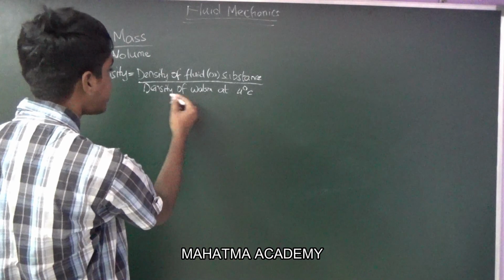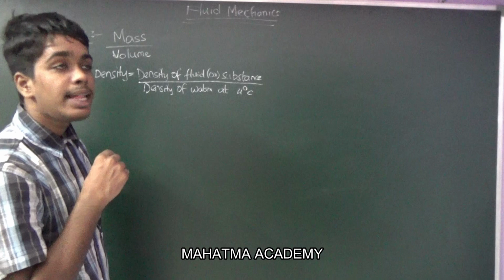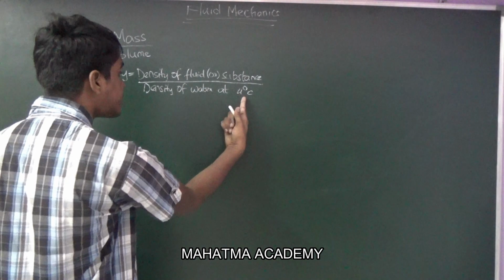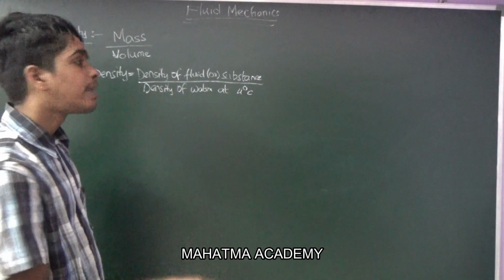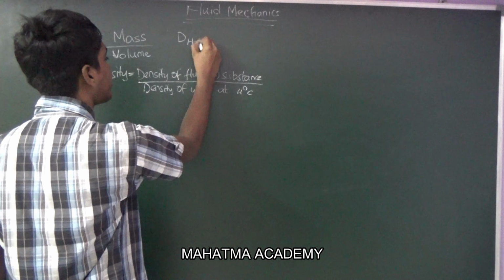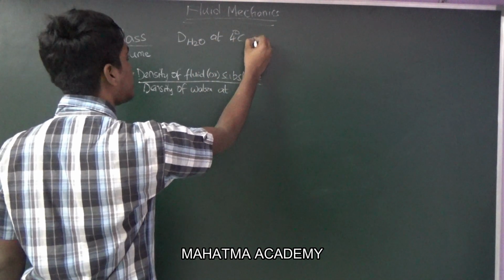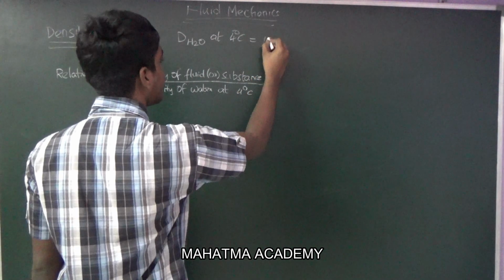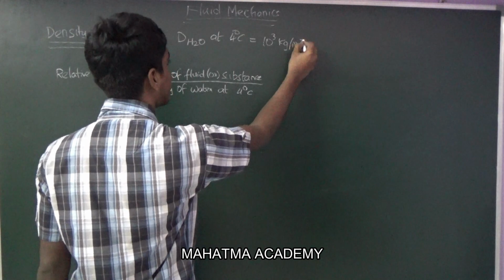Students, we have taken the density of water at 4 degrees Celsius because the density of water is maximum at 4 degrees Celsius and the value is 1000 kg per meter cube. We will write here: density of water at 4 degrees Celsius is 10 cubed kg per meter cubed.